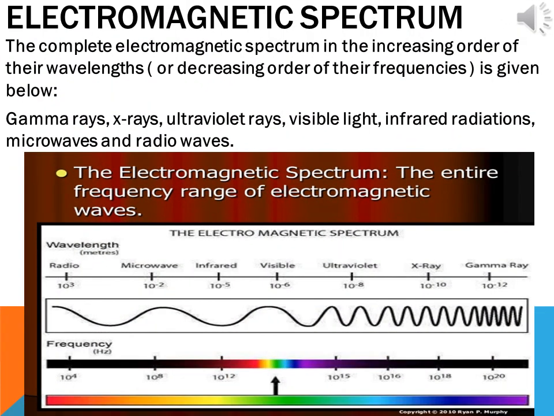Till now we have limited ourselves to the spectrum of light which lies between the red and the violet regions. This spectrum is the visible spectrum, and it is only a very small part of the entire electromagnetic spectrum.